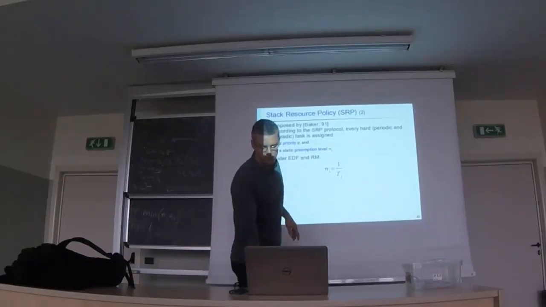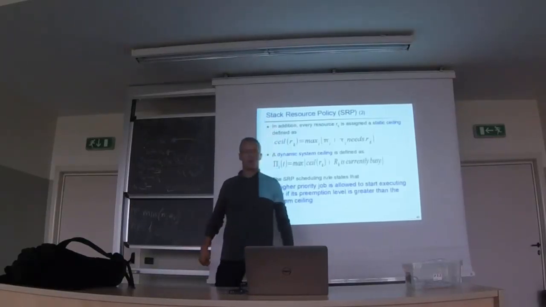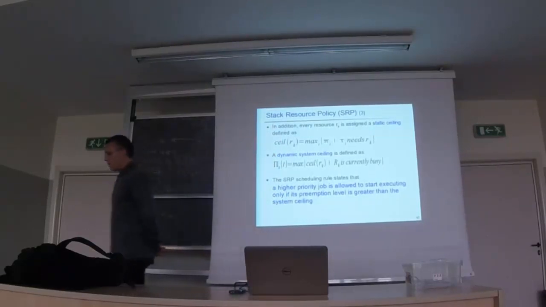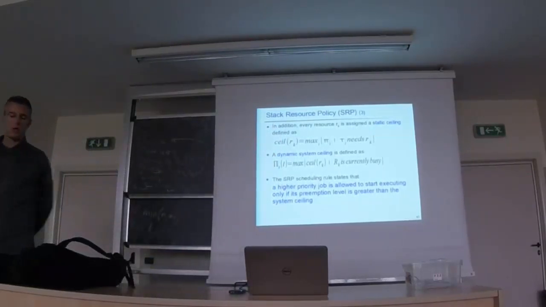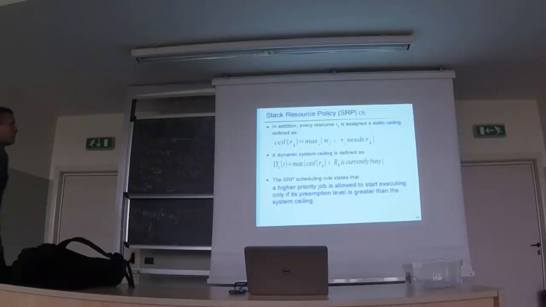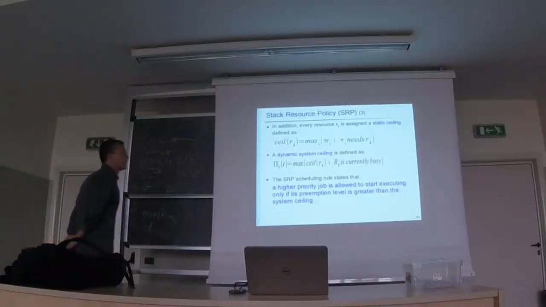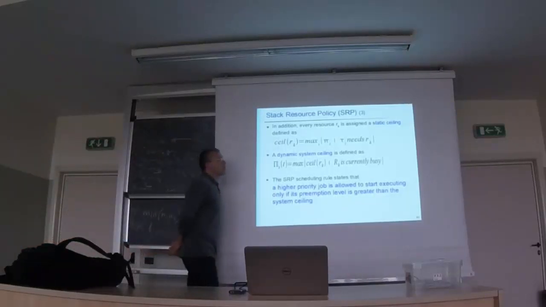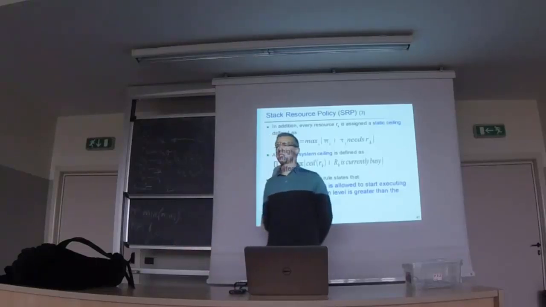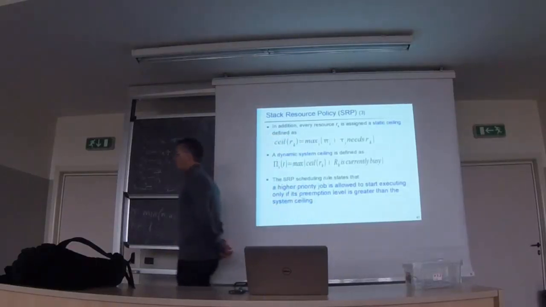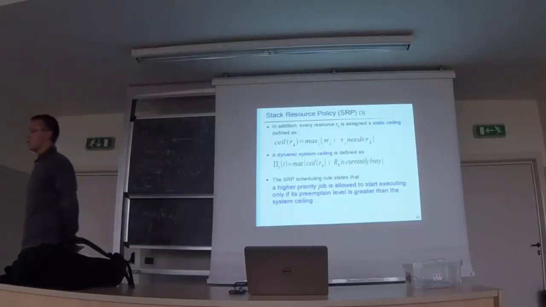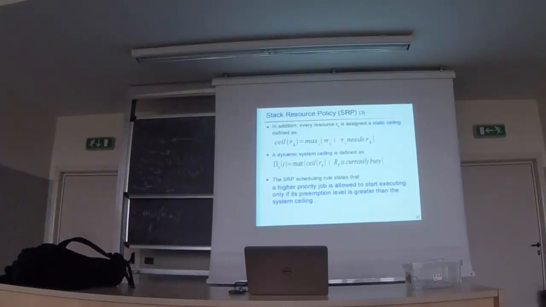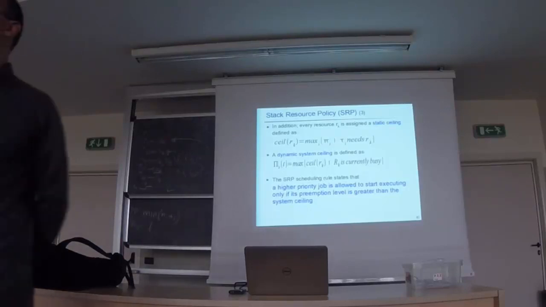For EDF, we also have the concept of a static ceiling, which is essentially the same as the priority ceiling we had before. With the priority ceiling protocol, the ceiling was the highest priority among tasks that may need a given resource. Also here, the ceiling is the highest preemption level among tasks that may need that resource.